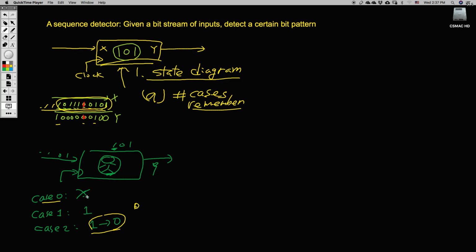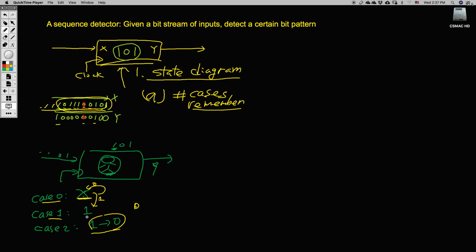The bit pattern has not been started yet, so you are just remembering you are in case 0. Once you are in case 0, if 1 enters, then you say I'm in case 1 now. If in case 0, a 0 enters, then just remain in the same case. The bit pattern has not started yet.